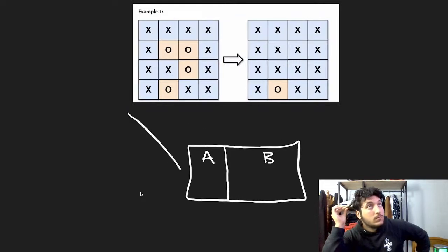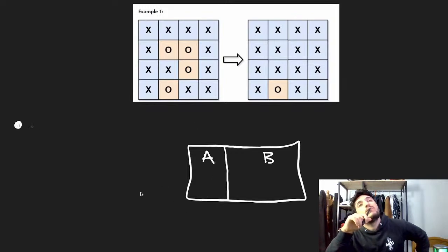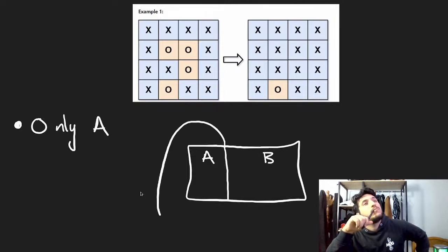Let's say I only want to keep the A portion of the paper. So how can I ask for it? Well, I can say only give me A. That's the simple way to talk about it.